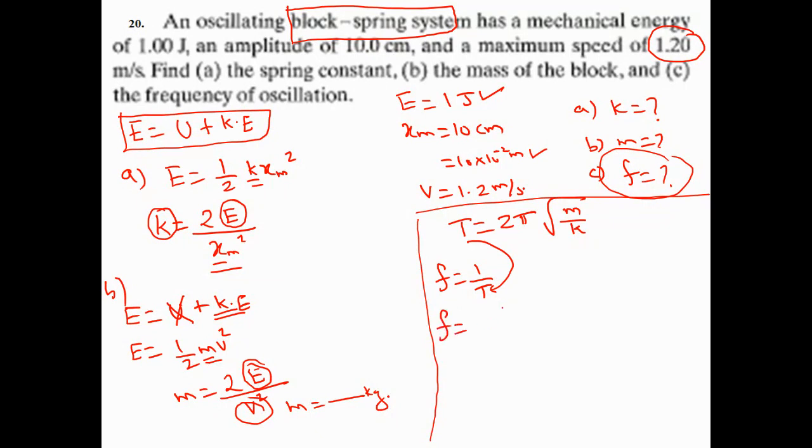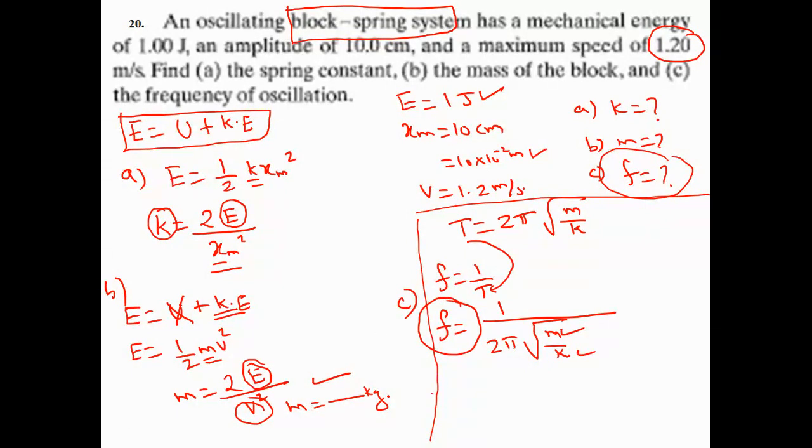F is equal to 1 over 2 pi square root of M over K. In the B part we already found the mass. In the A part, we found the K, and the pi value is 3.14. When you substitute, you will get the answer for the third question.